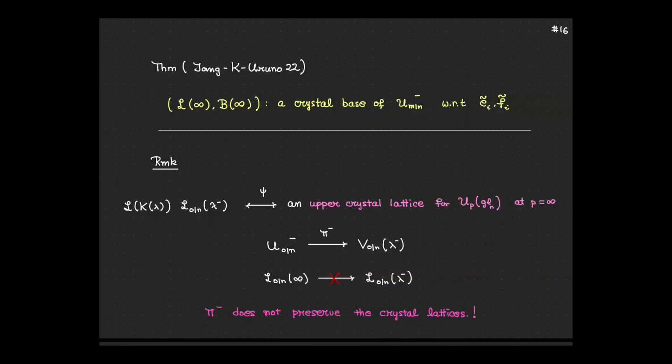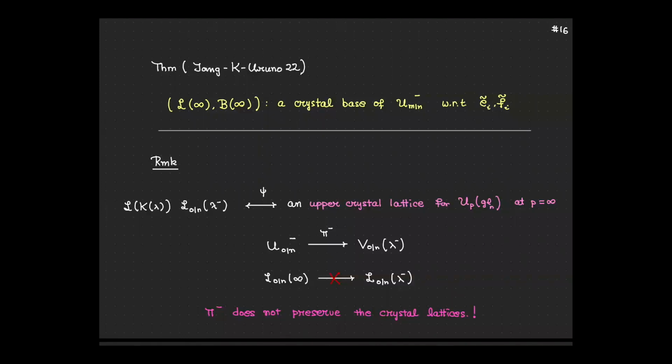And the natural projection map sends the crystal base to the crystal base, right? But unfortunately, something strange happens. If we look at the crystal base of the Kess module and restrict it as a module of UQGLN or U0N, then its crystal lattice is the upper crystal lattice. So it is not compatible with the projection.